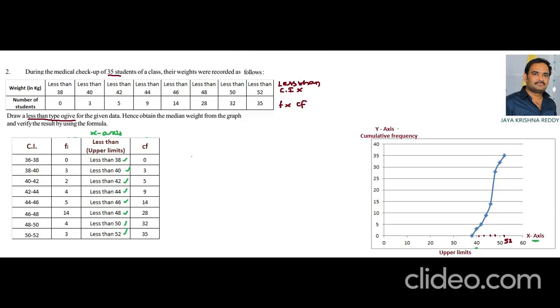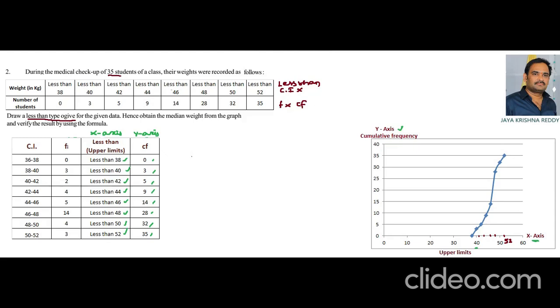And on the y-axis, we have taken cumulative frequency values, that is the CF column: 0, 3, 5, 9, 14, 28, 32, 35. These values start from 0 to 35. On the y-axis, we have taken equal intervals 0, 5, 10, 15 up to 40.